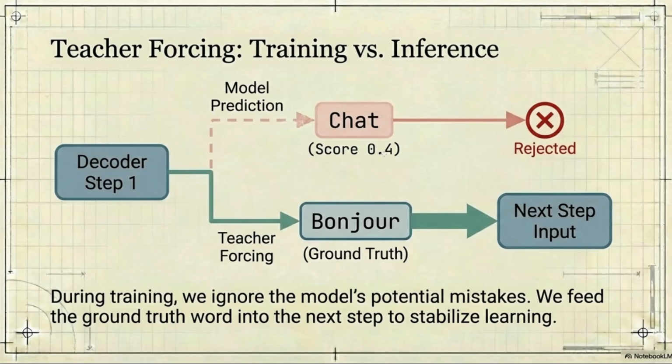So to fix this, we use teacher forcing. During training, we ignore the model's guess. We mathematically force the input of the next step to be the ground truth word, which is bonjour. This stabilizes training significantly.